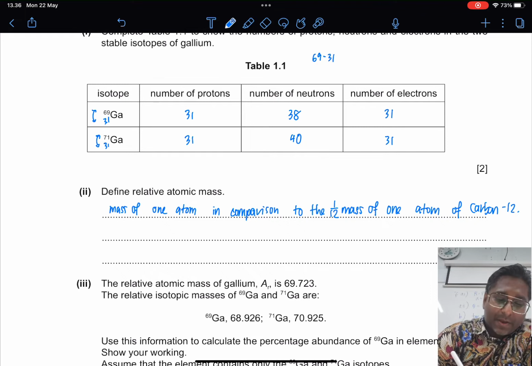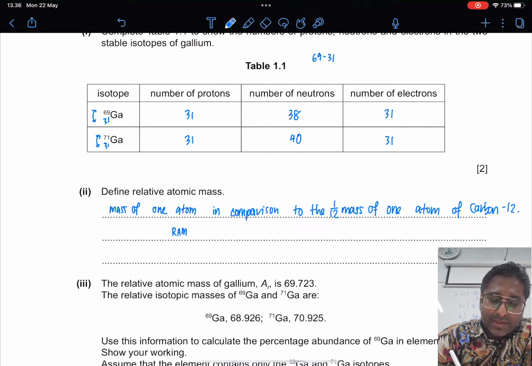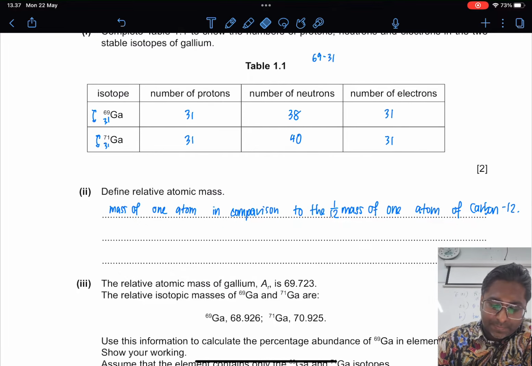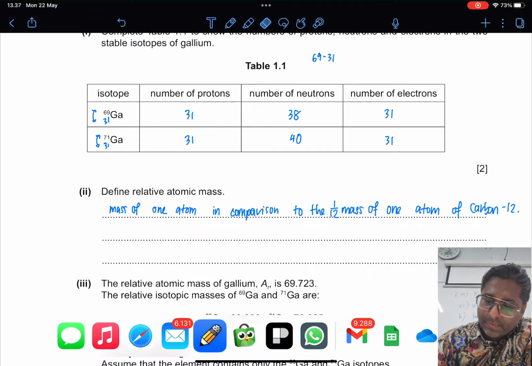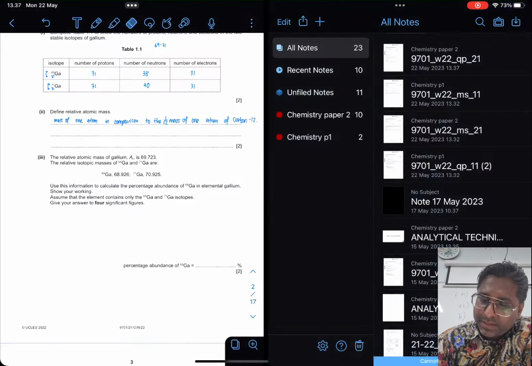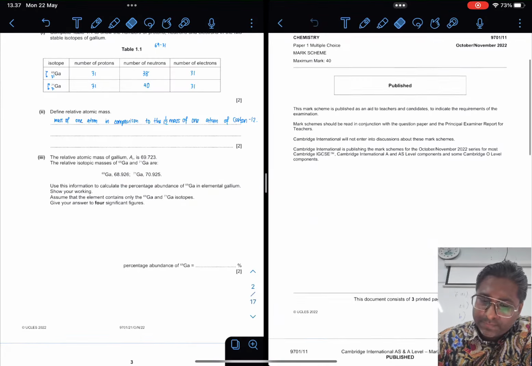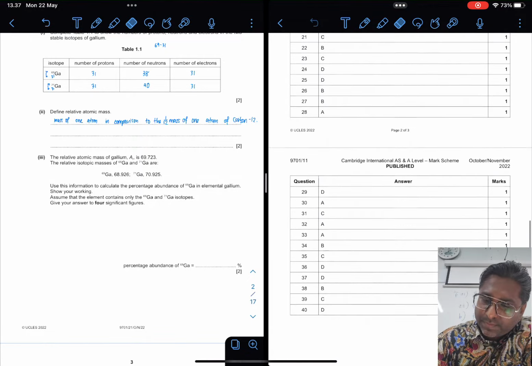If I want to write down the formula, RAM, relative atomic mass, is the mass of... I think there is no need to write. Just leave it like this, or we can check the marking key.